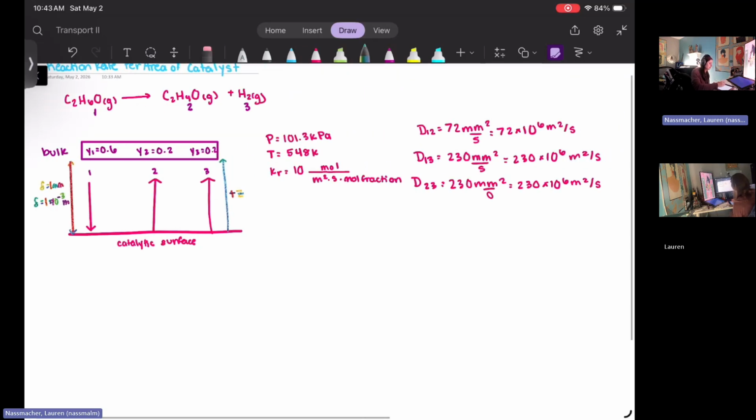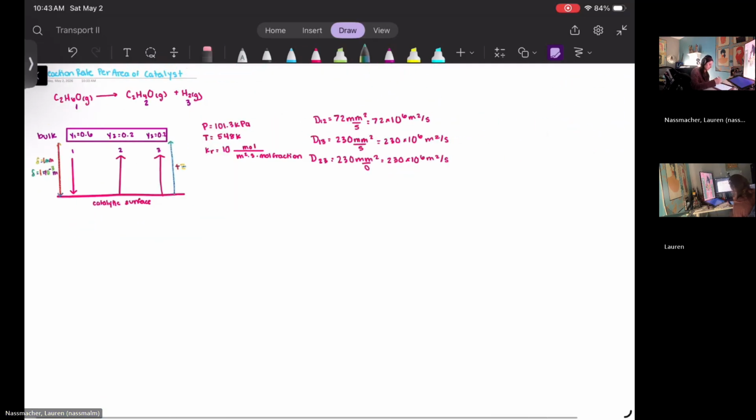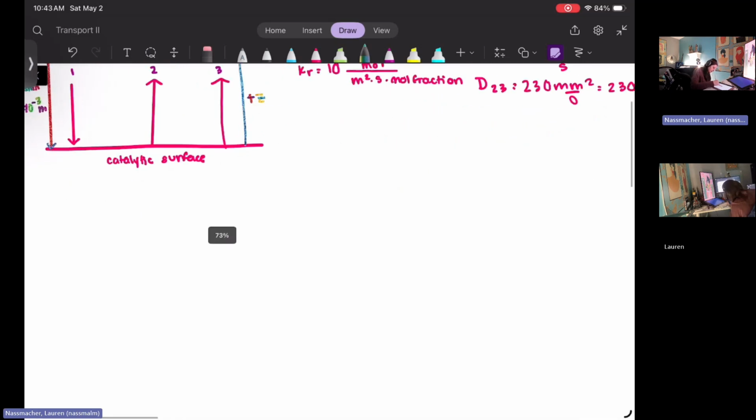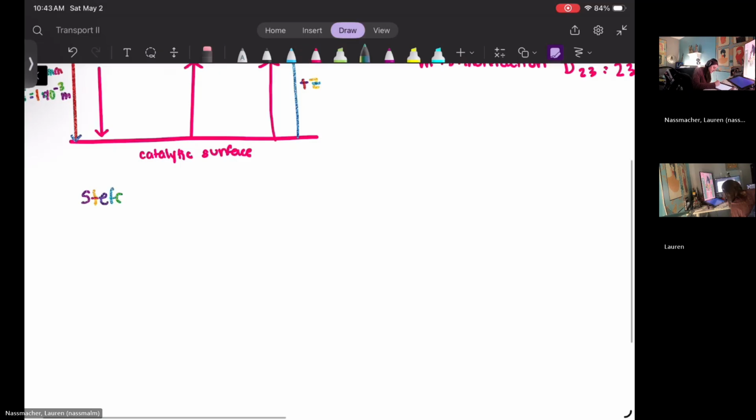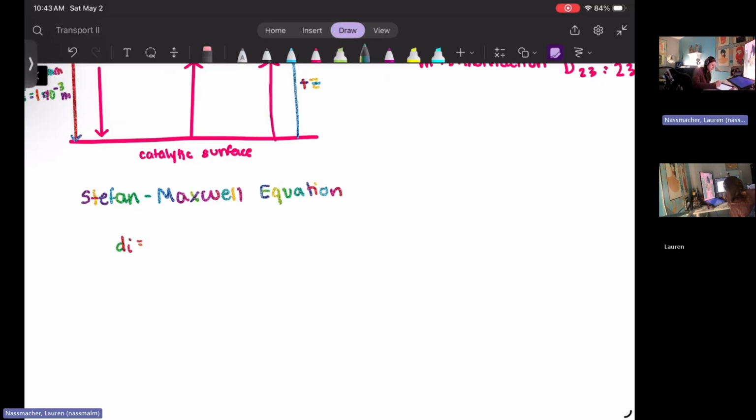From here, let's start with our Stefan-Maxwell equation. So we have all the information that we really need, and for our Stefan-Maxwell equation, or Maxwell-Stefan, some people say it the other way around, we have our driving force, which is our change in mole fraction over our change in position, and that's equal to the sum over j of our mole fraction of i multiplied by our molar flux of j, over our concentration times our diffusion coefficient of ij.